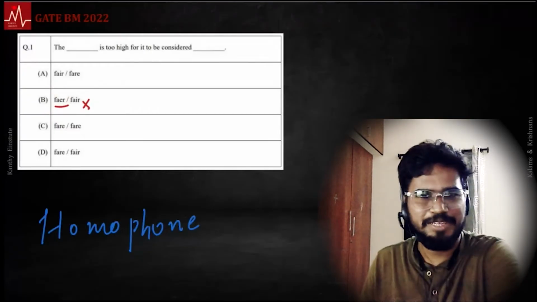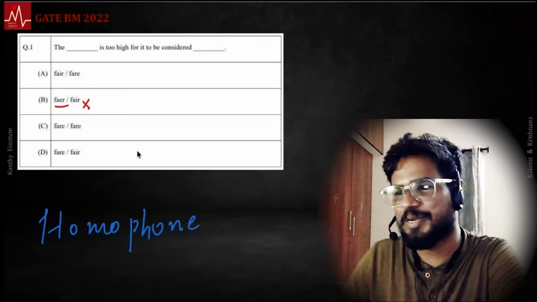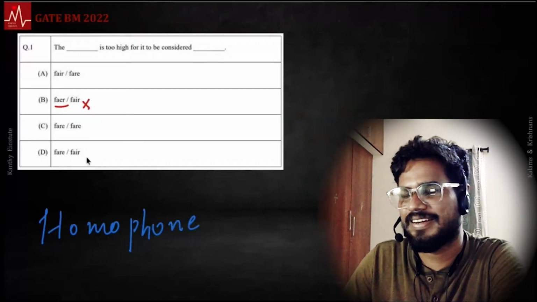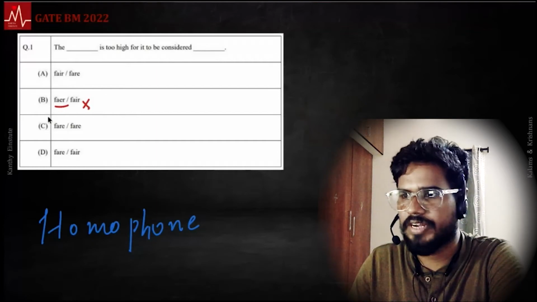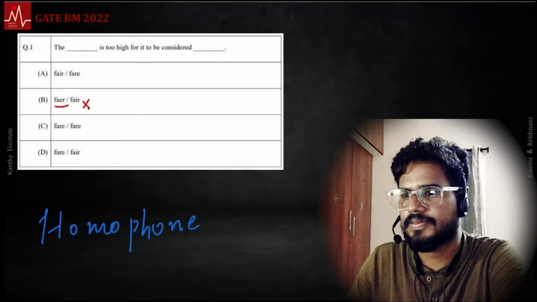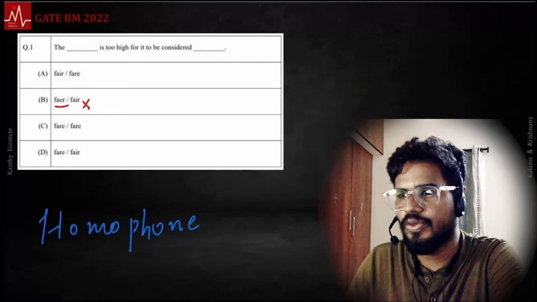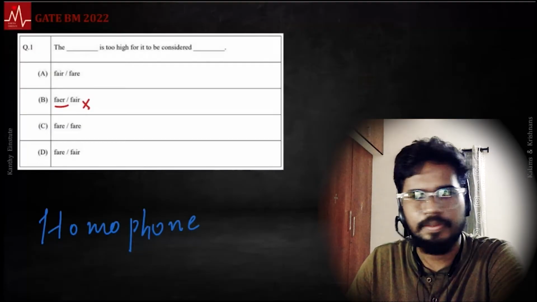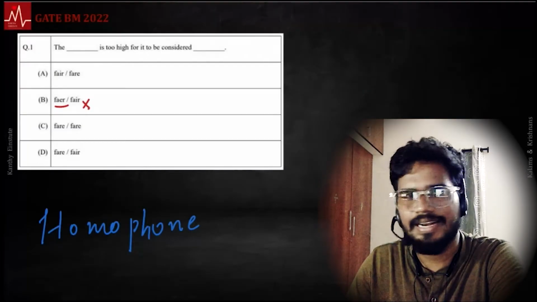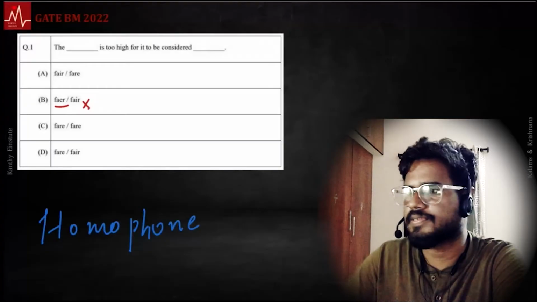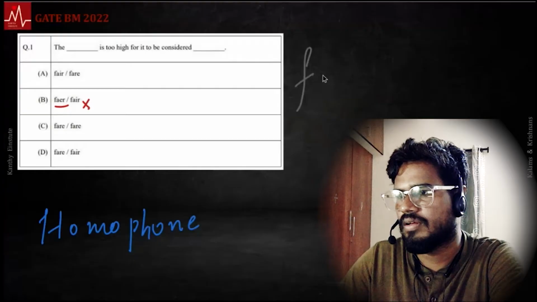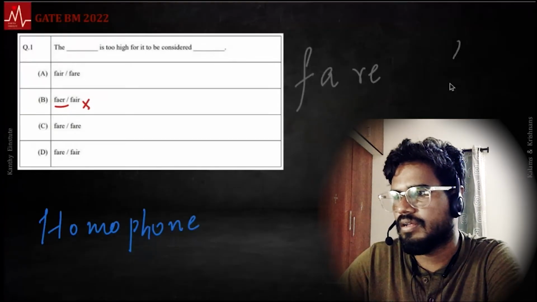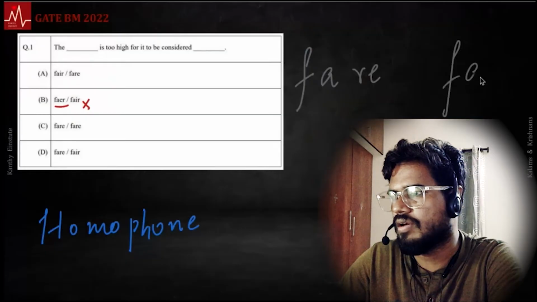Which brings me to this point. It's also hard to give tips here, but I'll give you one. If you're trying to remember, if you're trying to use mnemonics, use mnemonics based on the letters that differentiate the words. What do I mean by that? FARE, FAIR.